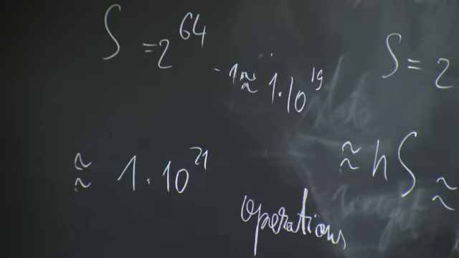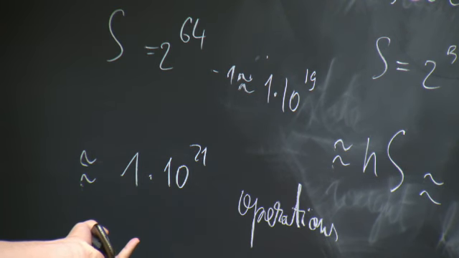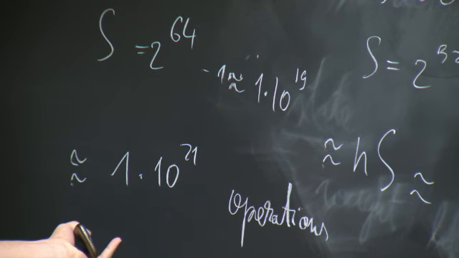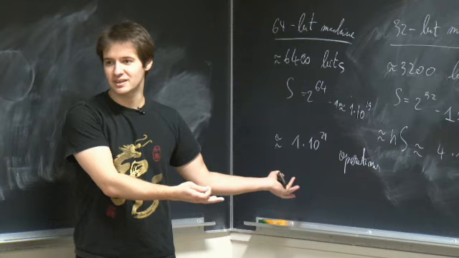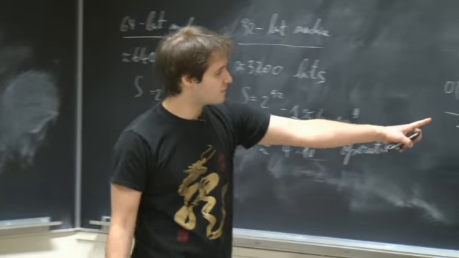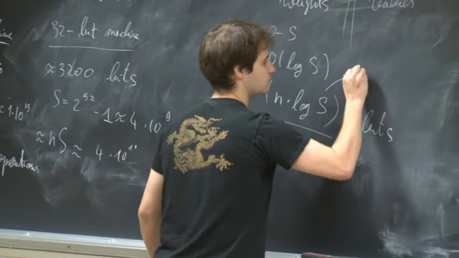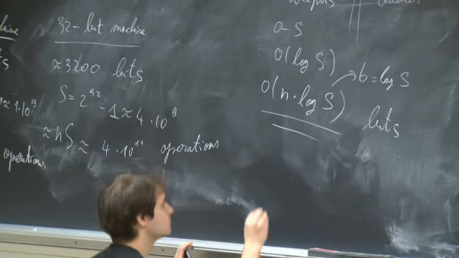So what happened? I increased my word size. The running time increased quadratically. This is not a polynomial increase. What's the problem here? Why is this the case? If I write log s as b, so log s becomes b, what's the input size?